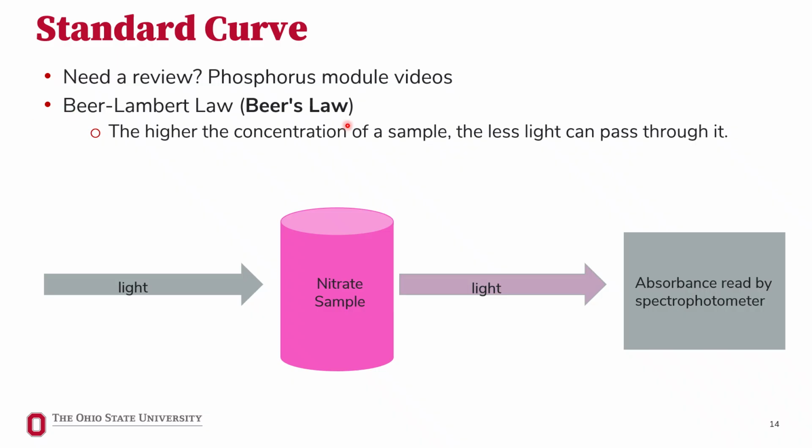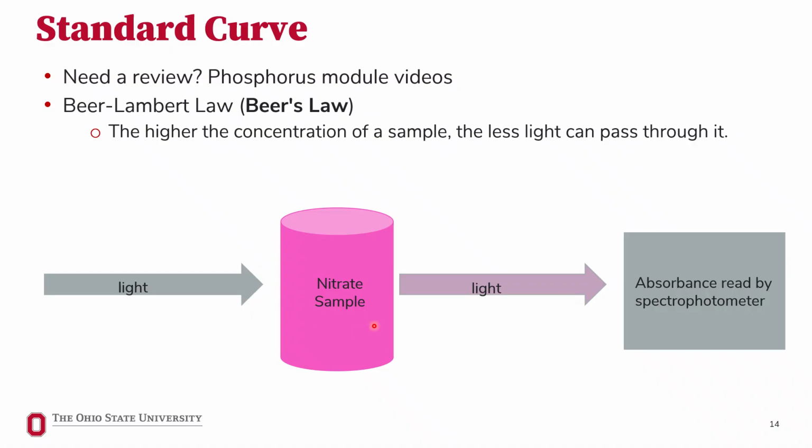I want to introduce the Beer-Lambert law, which is often shortened to just Beer's law. This states that the higher the concentration of a sample, the less light can pass through the sample. So this figure represents reading a nitrate sample on the spectrophotometer. You have a beam of light that's passing through the sample.